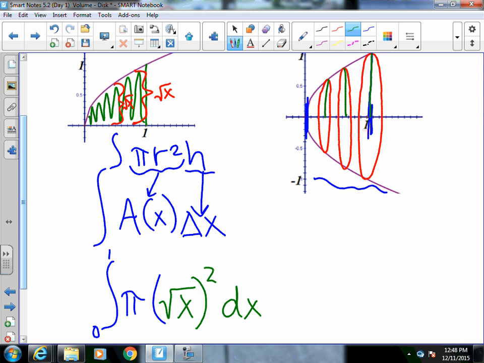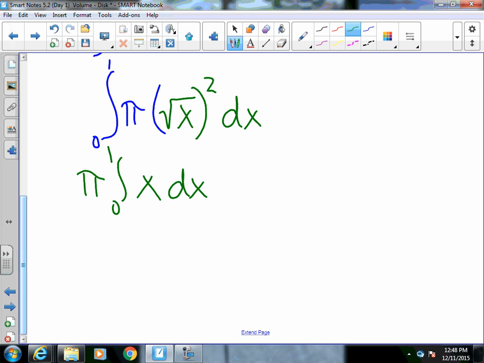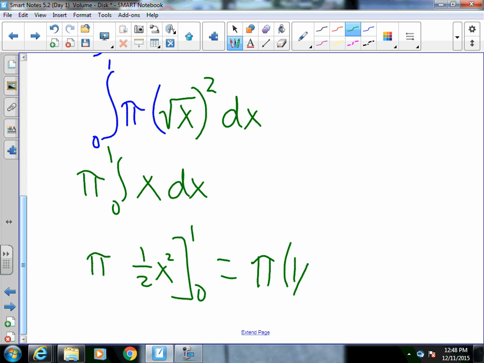Now, from here, we can solve it. Pull our pi out front, because it's a constant. Square our radical x to get x. Anti-derive, which means we need 1/2 x squared from 0 to 1, which means we get pi times 1/2 minus pi times 0, which gives us 1/2 pi, or pi over 2.